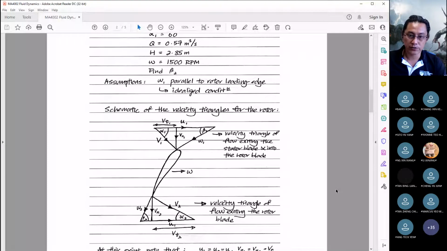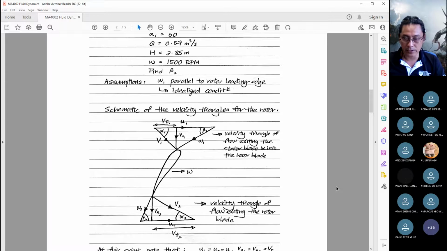Now sometimes it is possible to solve the questions without sketching the velocity triangles. In exams, it's not compulsory to draw velocity triangles if you ever encounter a turbomachinery question.